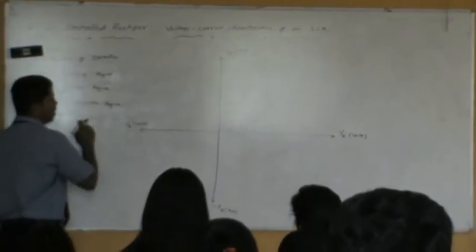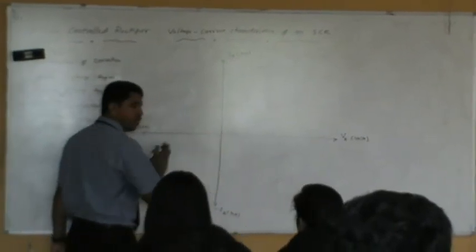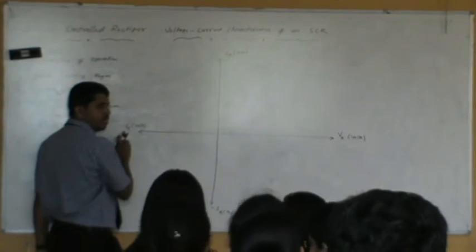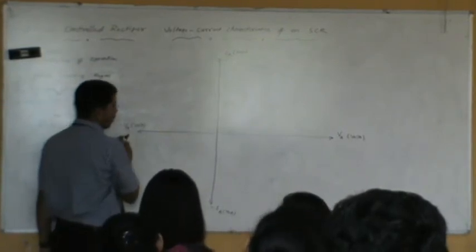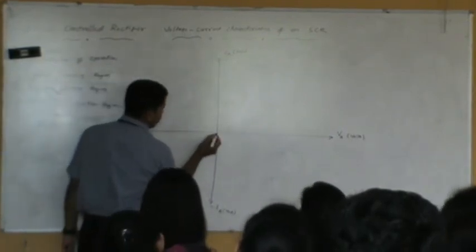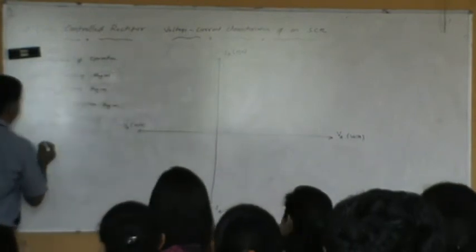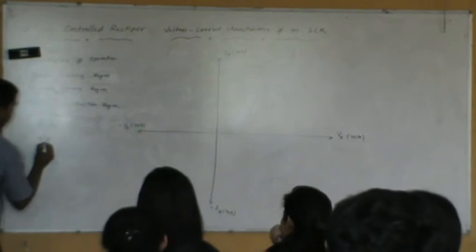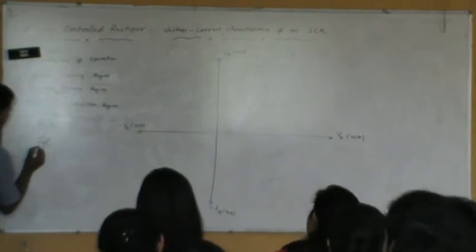In the reverse blocking region, the curves will be in the third quadrant. You can see that the voltage applied in the third quadrant is negative anode to cathode voltage. Negative in the sense, if you have an SCR, let me draw the SCR symbol now. So this is my SCR.